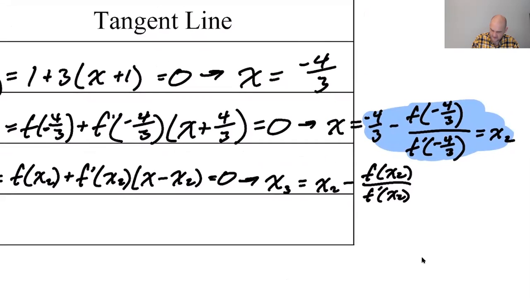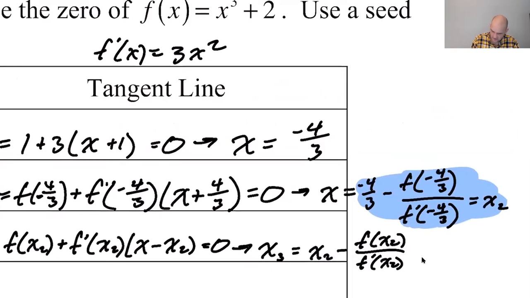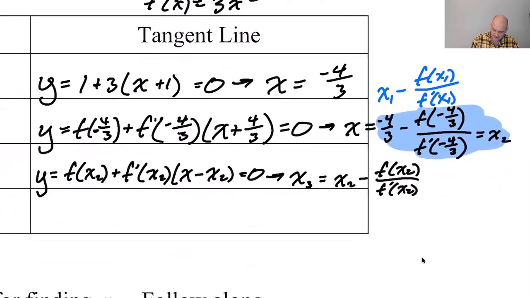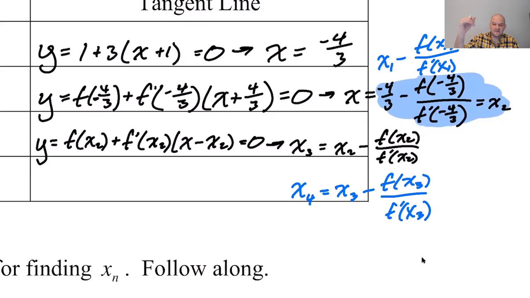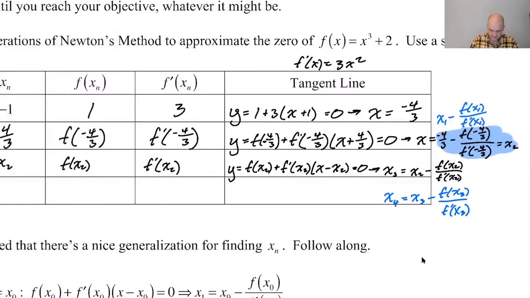Okay, so it could have been written as x1 minus f of x1 over f prime of x1, and that's it, right? So when I want x4, it's going to be x3 minus f of x3 over f prime of x3. And if I want x10, I need to know x9, which means I need x8, and so on and so forth.